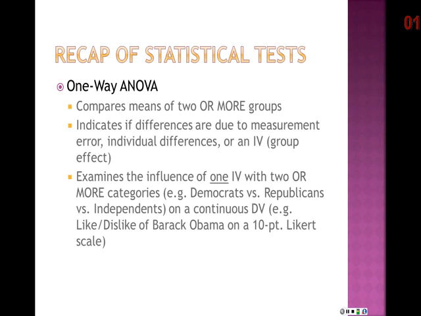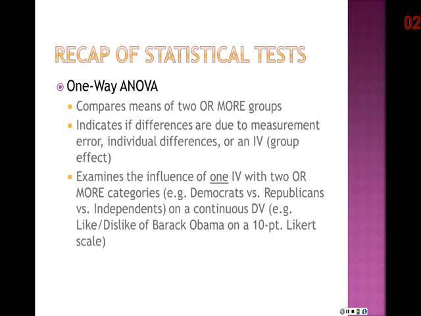So it's just one independent variable. So an example here would be Democrats versus Republicans versus independents. That's our independent variable. And we're looking at how that would influence people's perceptions of the like versus dislike of Barack Obama on a 10-point continuous dependent variable Likert scale.